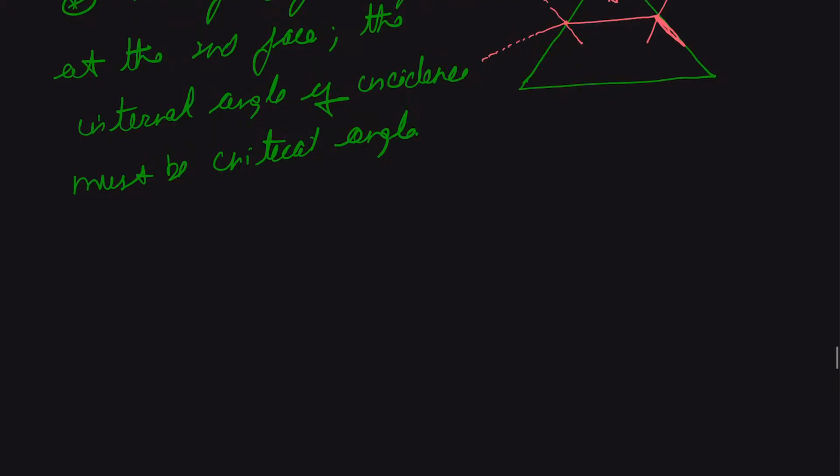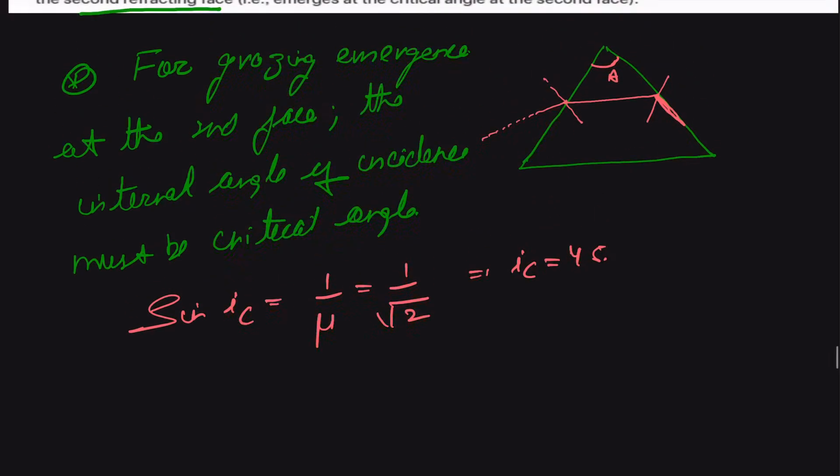Therefore, we can write that sine of the critical angle IC will be equal to 1 upon mu, which gives us 1 upon square root of 2, so our critical angle will be equal to 45. That means the ray inside the prism strikes the second face at an angle of 45 degrees.